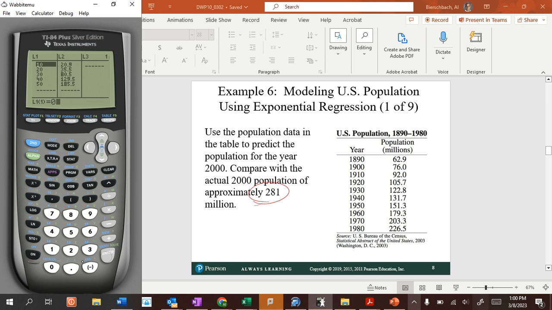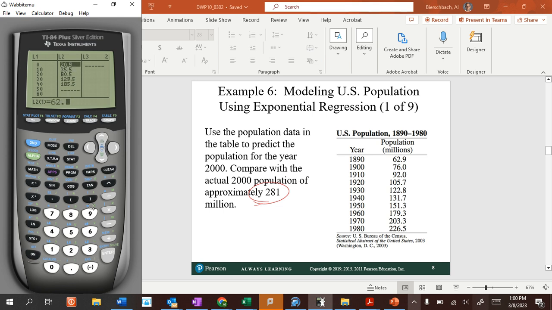I'm going to go year 0, year 10, 20, 30, 40, 50, 60, 70, 80, 90, and then put in the population of each of those years.